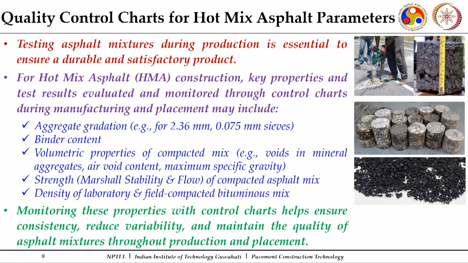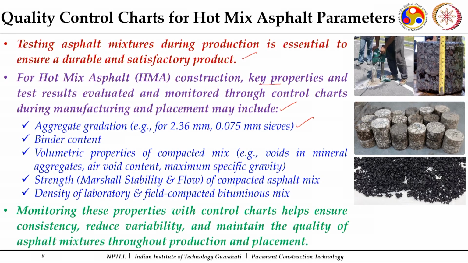Now, testing asphalt mixtures during production is essential and ensures a durable and satisfactory product, because this is very important. For hot mix asphalt construction, key properties and test results evaluated and monitored through control charts during manufacturing and placement may include, what are the things which can be monitored through control charts? One is aggregate gradation.